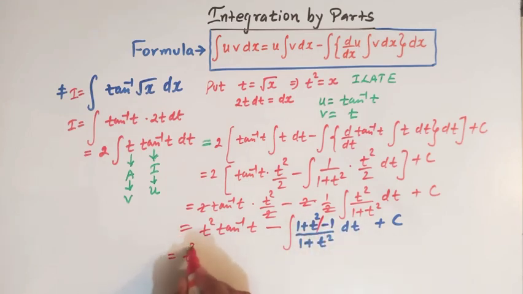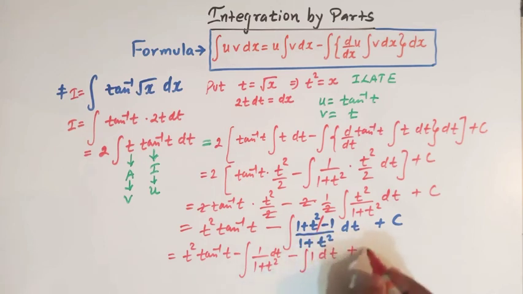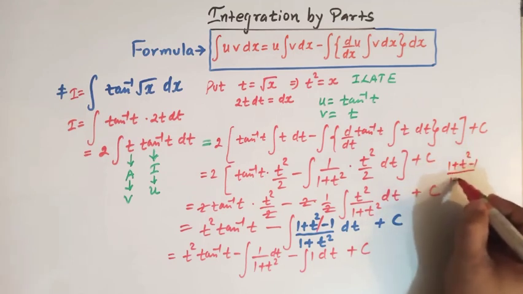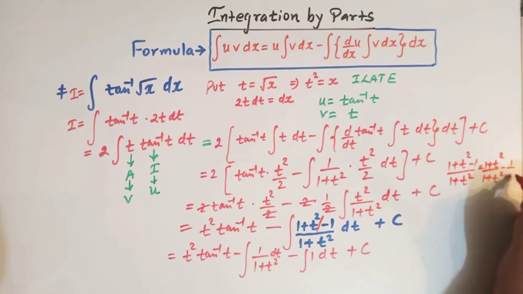So we have t square tan inverse t minus the integral of (1 plus t square minus 1) over (1 plus t square), which can be written as 1 plus t square by 1 plus t square minus 1 over 1 plus t square.